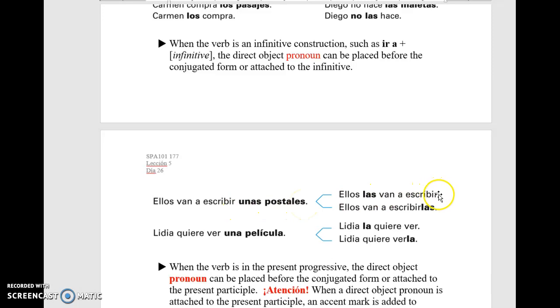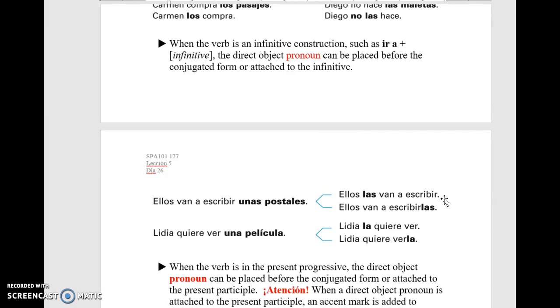Van a escribir is my verb phrase. So I think of it as I have two verbs, so my pronoun can either lead the verbs, las van a escribir, or it can kind of tag along at the end, van a escribirlas. Now, both are perfectly grammatically correct. Okay, there is no difference.